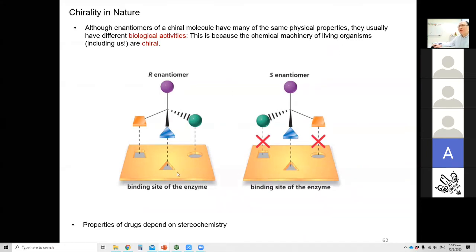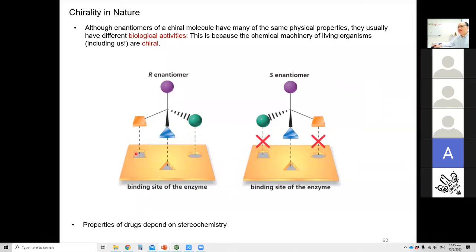Okay, for example, if the enzyme in your body or in a biological system looks like this, and the R enantiomer fits right in there, the square to square, the triangle to triangle, the ball shape to ball shape, right? But now with the same protein acceptor, if you use the S enantiomer of this molecule, you can see they don't fit anymore.